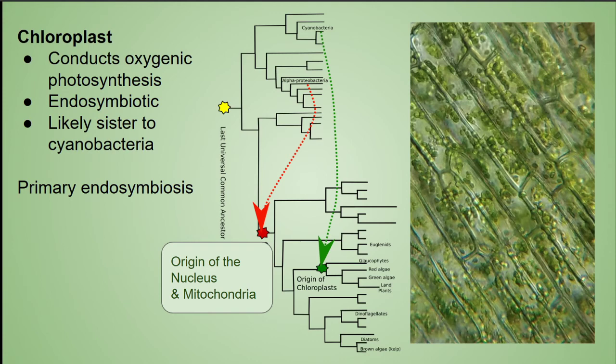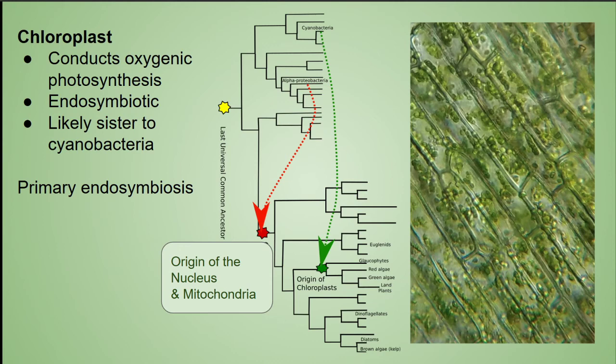These organisms seem to have acquired a chloroplast through endosymbiosis, and we refer to this as primary endosymbiosis. This endosymbiosis happens directly from a cyanobacterial cell that moves into a eukaryotic lineage.